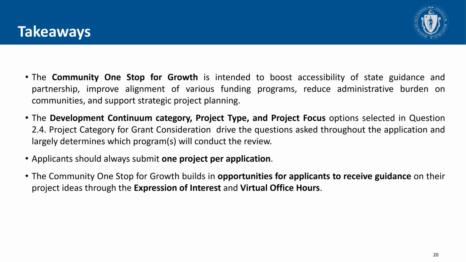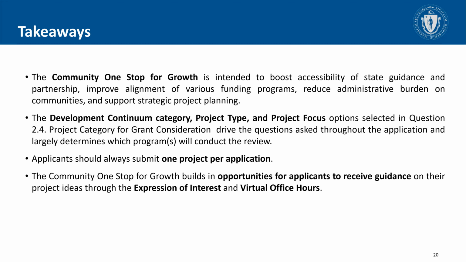So in terms of just overall takeaways, we wanted to highlight and summarize what you've heard today. So the Community One Stop for Growth is intended to boost accessibility for state guidance and partnership, improve the alignment of the various funding programs, reduce administrative burdens on communities, and support strategic project planning.